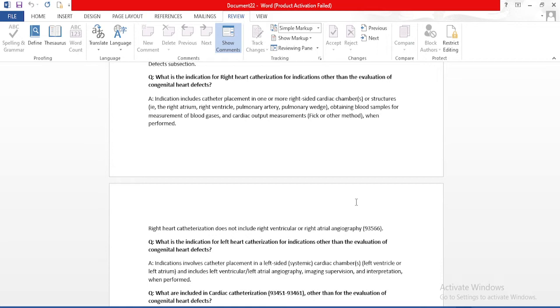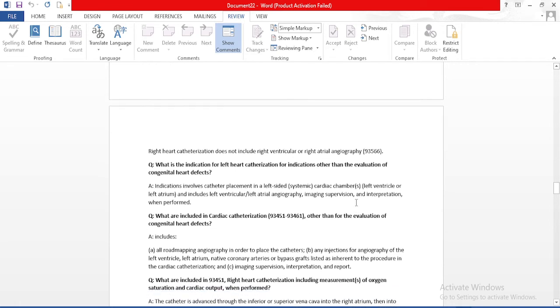So here the question is, when do we use right heart catheterization other than for congenital heart defects? Whenever the physician wants to check any abnormalities, the physician may perform right heart or left heart catheterizations.